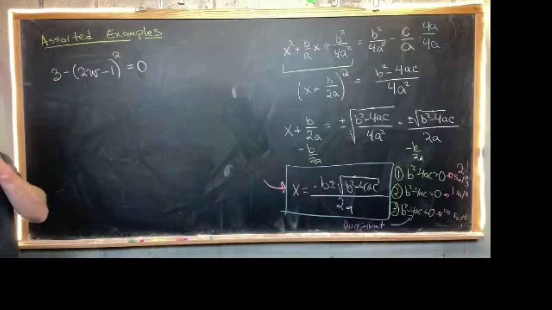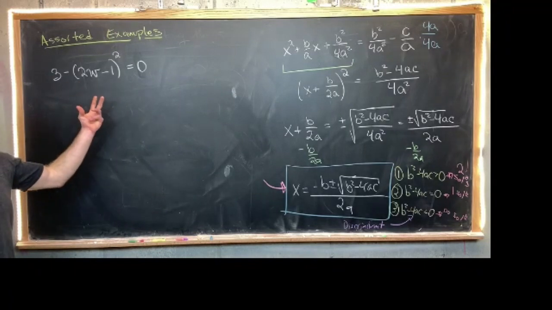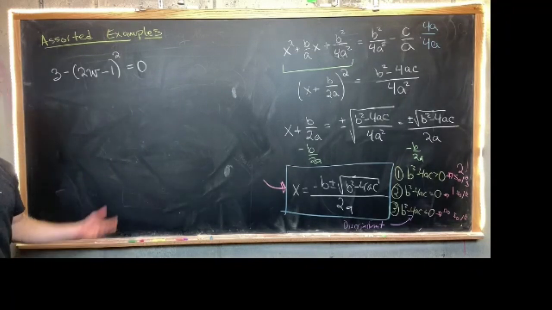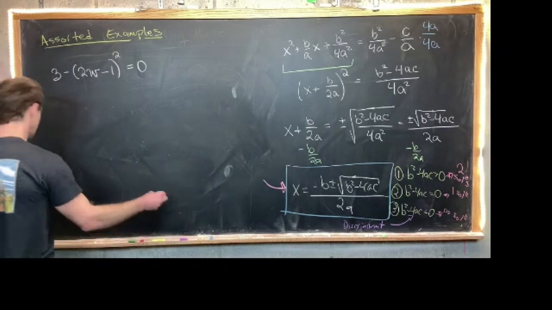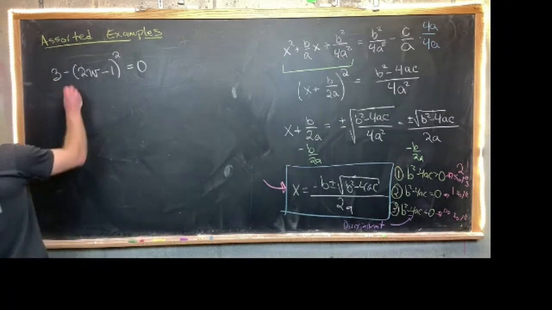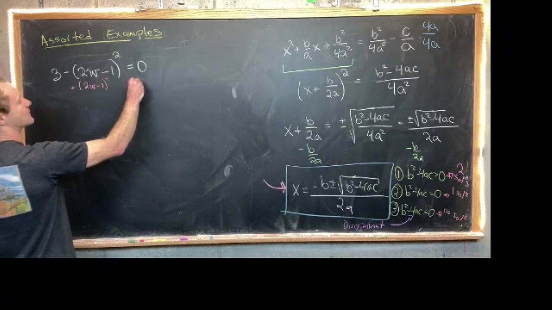But that's actually a bit overkill, because if we look at this, this is near the end of the steps that you would do in order to solve this by completing the square. So let's just solve it with the rest of those steps. I'm going to add this 2w minus 1 squared to both sides.